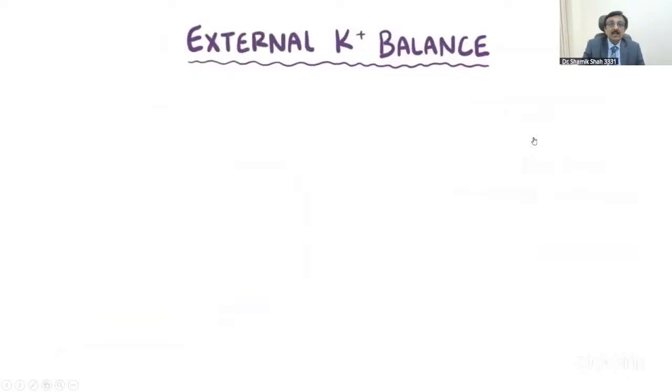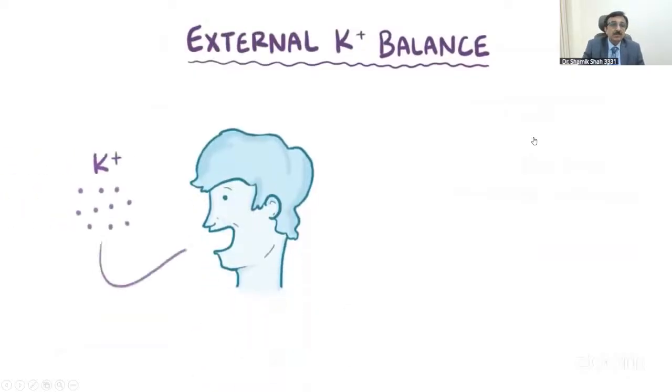Now, when we talk about external potassium balance, then we need to talk about how much potassium is ingested versus how much is excreted. Now, in a normal diet, we ingest about 50 to 150 milliequivalents of potassium. But we know that the extracellular potassium is only 4.5 milliequivalents per liter.